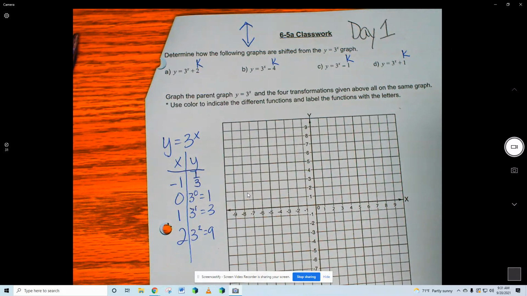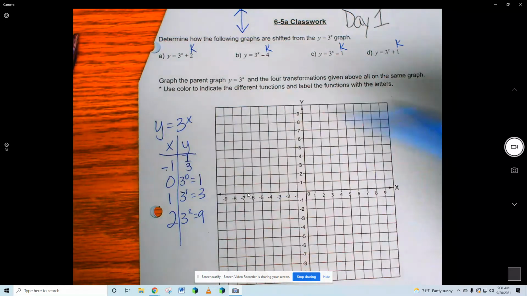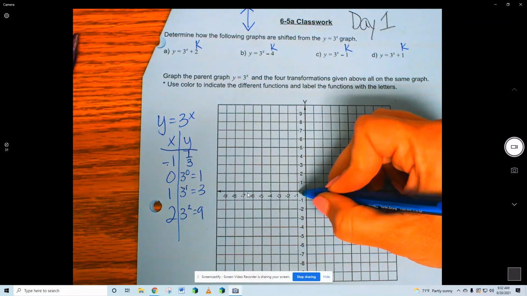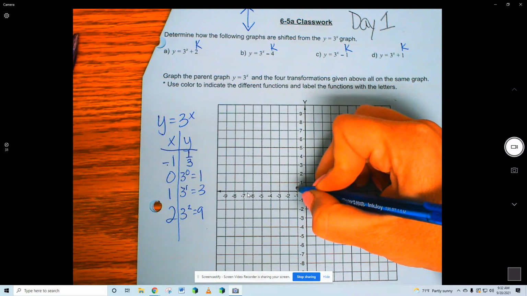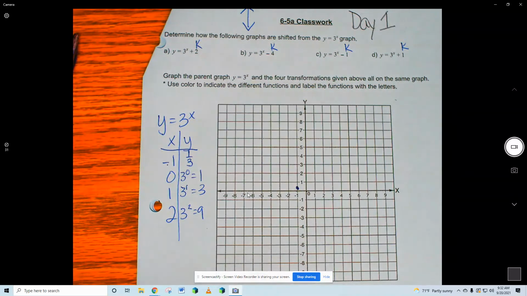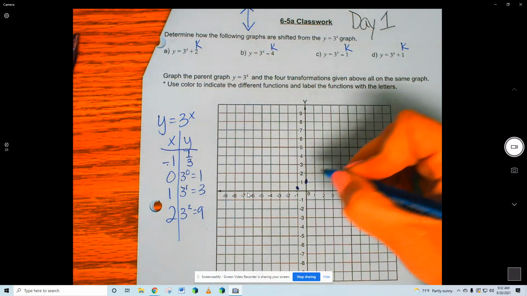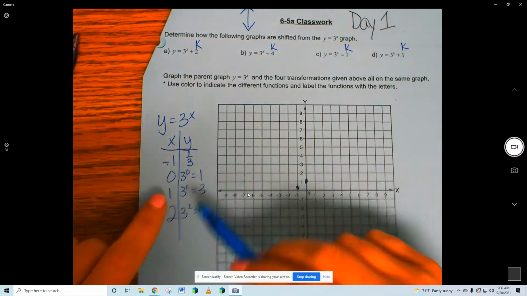And so I'm going to graph those. -1 comma 1/3. You used to always start at the origin. -1 means that I'm going to go 1 to the left and up 1/3. Not even to the next box, so just a little bit above. 0 comma 1 is the y-intercept. 1 comma 3 is my next.